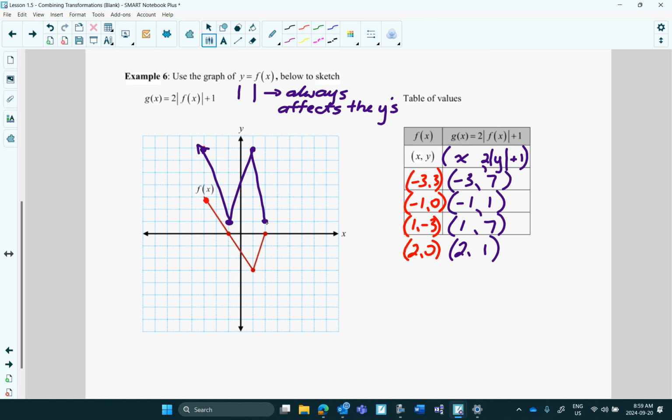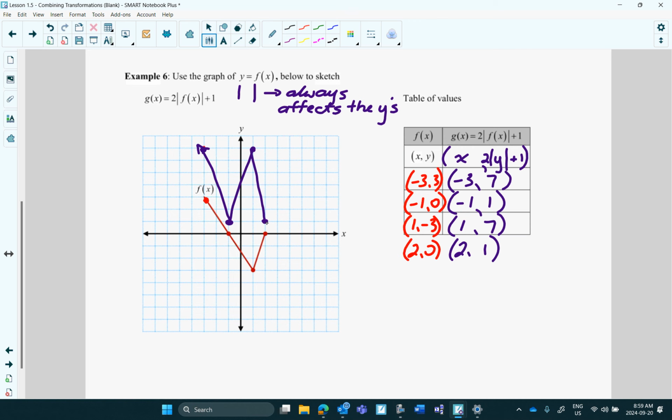If you look at it visually, you may see, okay, that's kind of weird. I don't know if that's right or not. Well, think about it. Let's take this point. If we take the absolute value, it stays where it is, right? If we stretch it by 2, that means we double the y, so it comes up here. And then we add 1. So it's right.